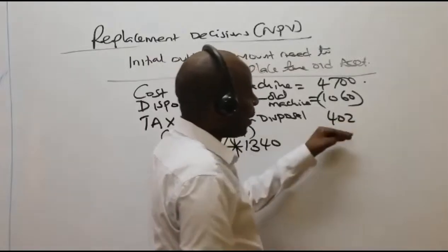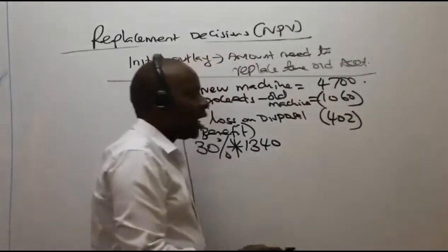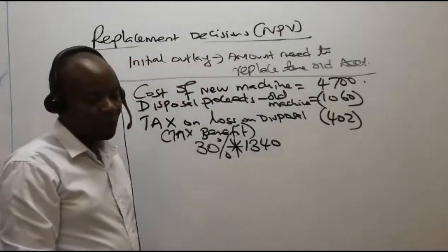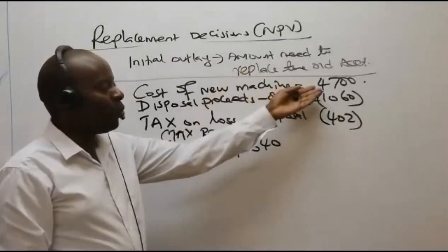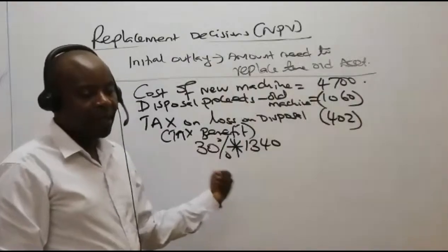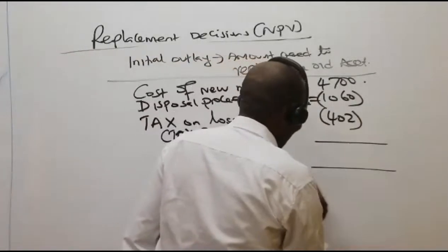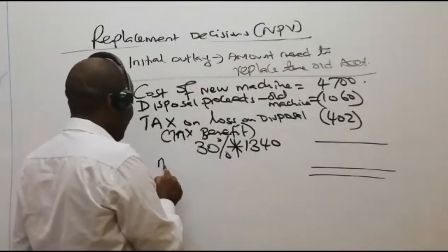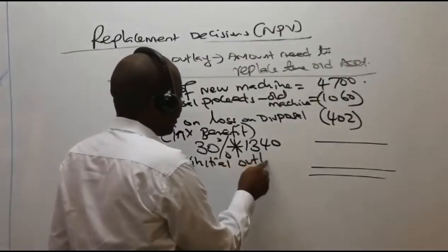Because we are comparing these two payments and this is a benefit, straight away I'll be required to subtract, because we took the outflow to be positive, so the inflows must be negative. So in this case, could you come here and tell me what the net initial outlay will be?